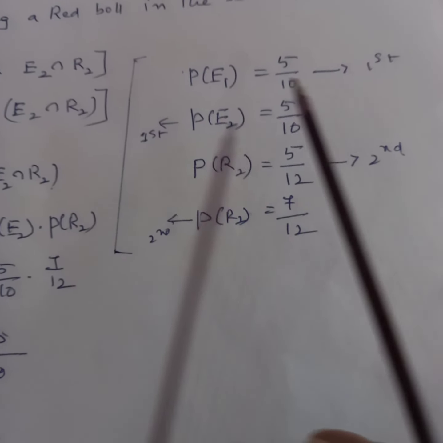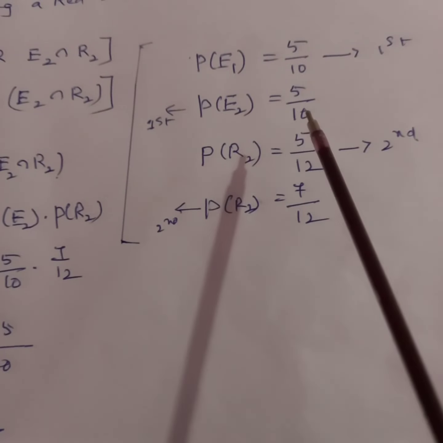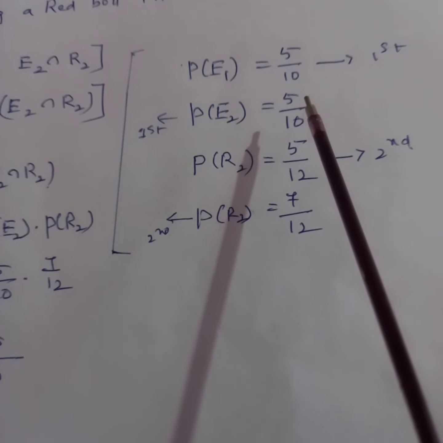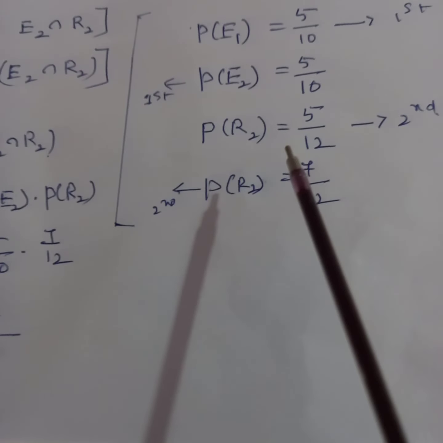Look here. P(E1) is how much? 5 by 10. P(R2) how much? 5 by 12. Plus P(E2) how much? 5 by 10. P(R2) how much? Here it is, 7 by 12.